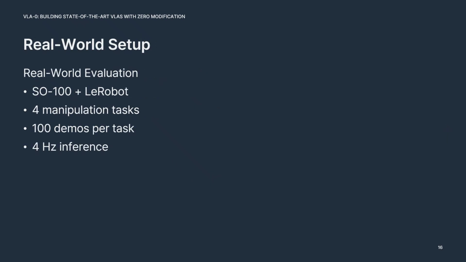This paper also evaluated on the real SO-100 robot. There are 4 manipulation tasks, 100 demonstrations per task, with inference running at 4 Hz. The main baseline here is SmolVLA, which was trained on large-scale SO-100 data, so it's already a strong baseline.